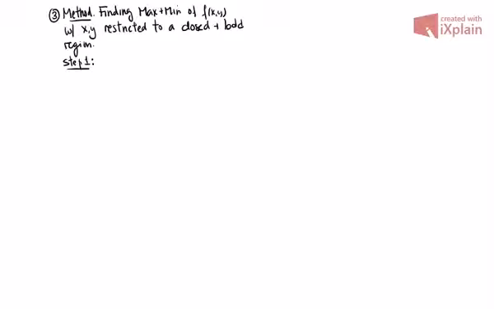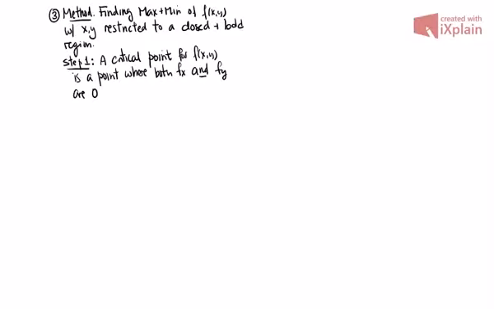So I really need a definition of this just to be clear. A critical point for f of x y is a point where both f sub x and f sub y are 0, or f sub x or f sub y do not exist.